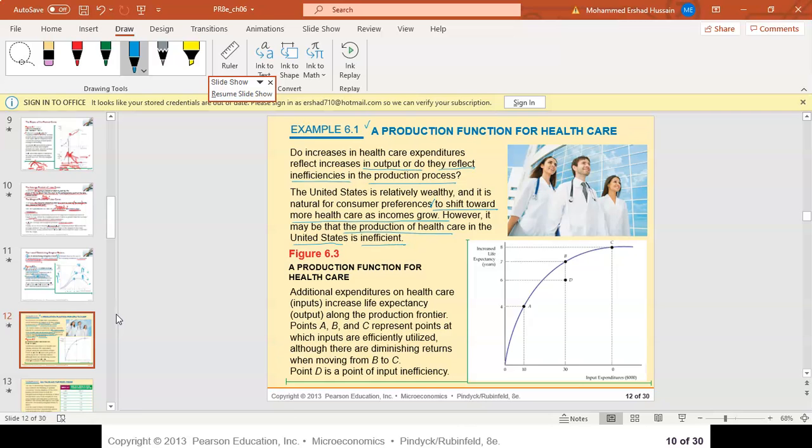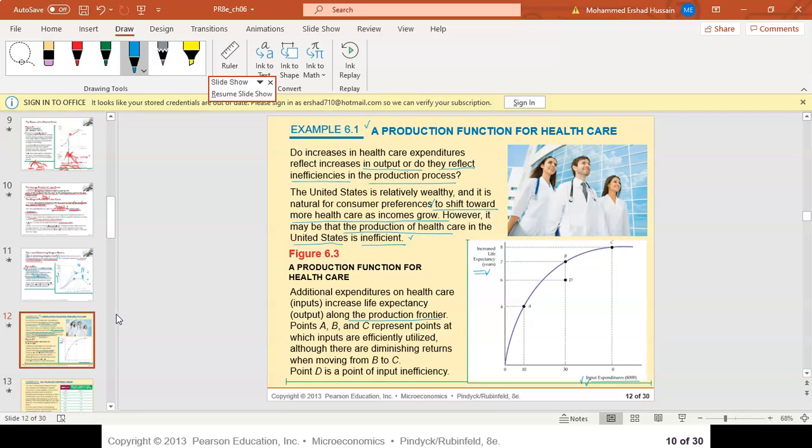So let us go to the graph and explain how this can happen. A production function for healthcare: additional expenditure on healthcare inputs increases life expectancy output along the production frontier. See, this is input expenses, and this is the increased life expectancy. This is input expenses in healthcare, right?